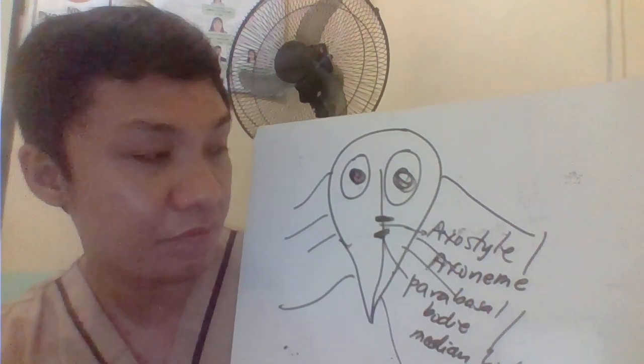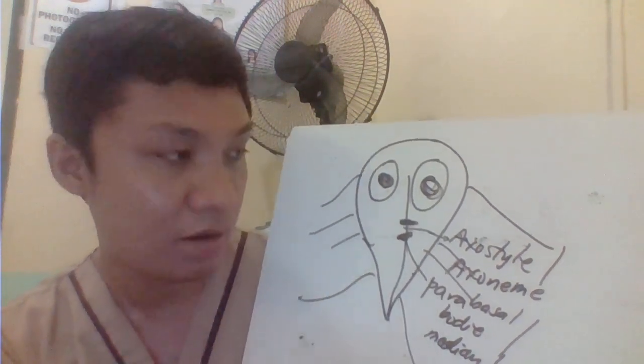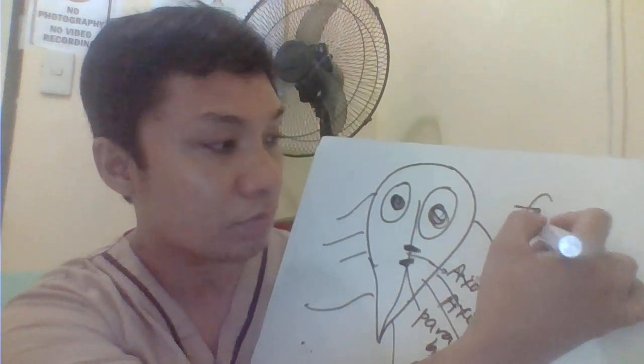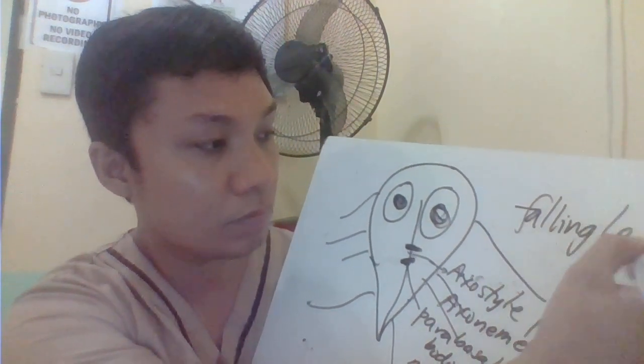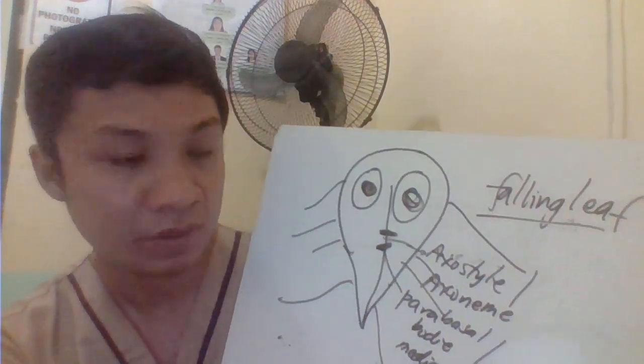We describe the trophozoite in terms of motility. It is capable of falling leaf motility. So we describe this one as an old man.